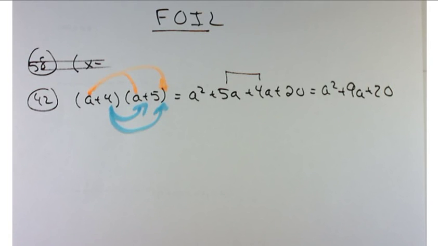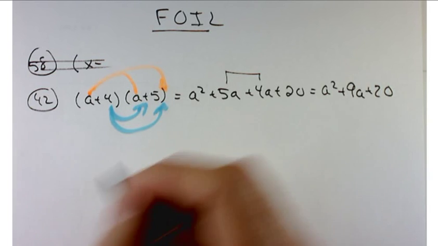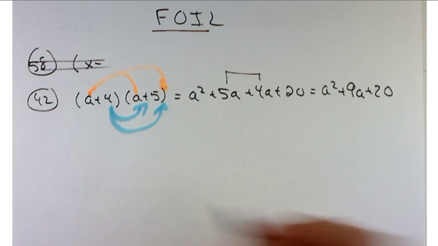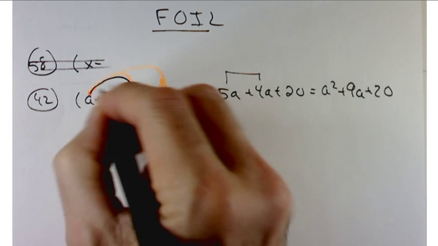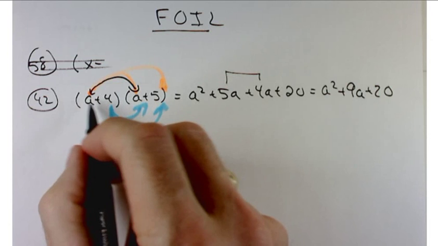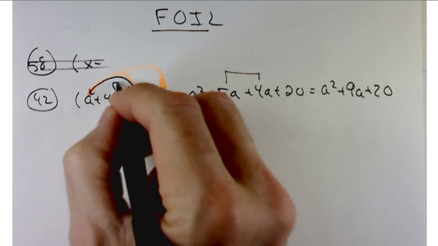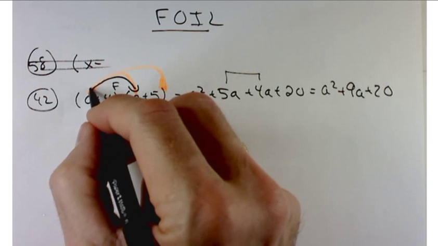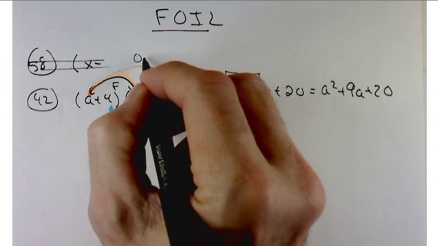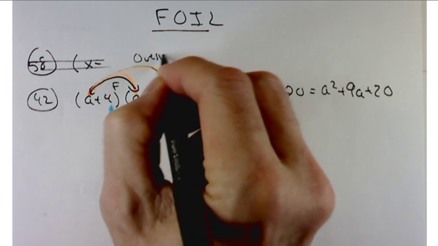Now there's a way you can think of this and help remind yourself of how to multiply these things. These first two multiplications are the result of multiplying the first terms together. And then we multiply the outside terms together.